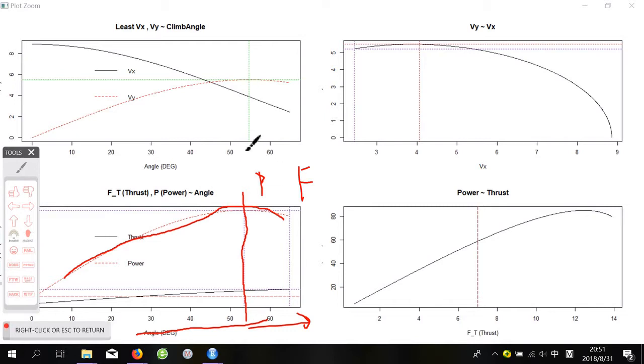But at some point, this plane is not capable of maintaining this angle because it doesn't have enough required power force in it, and therefore it's not capable of maintaining its lift at this point. So it will gradually drop until this thing balances.